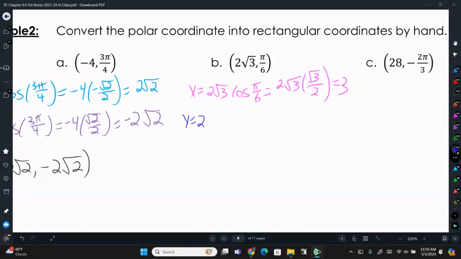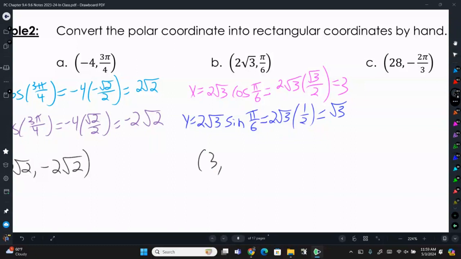Then y equals 2 times the square root of 3 times the sine of pi over 6 equals 2 times the square root of 3 times positive 1/2, and that will just be the square root of 3. So my coordinates would be 3 comma the square root of 3.